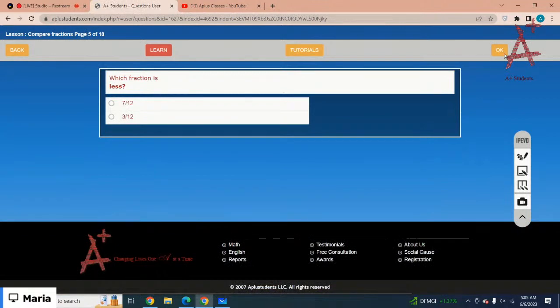Okay, which fraction is less, 7 by 12 or 3 by 12?